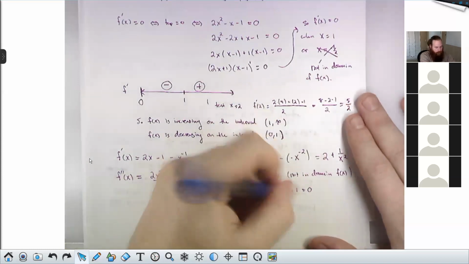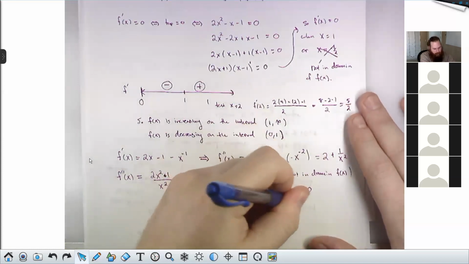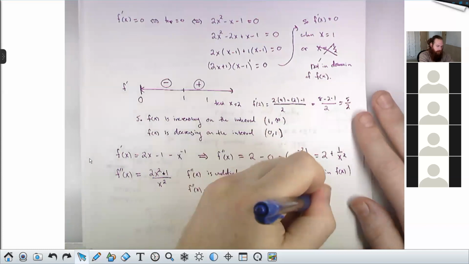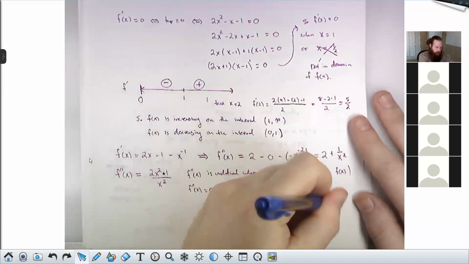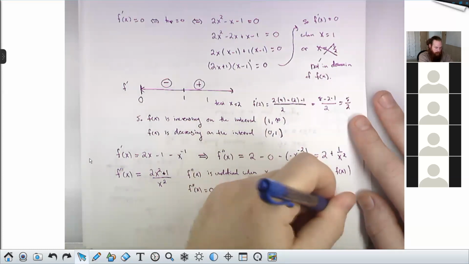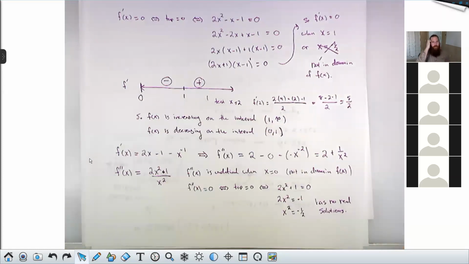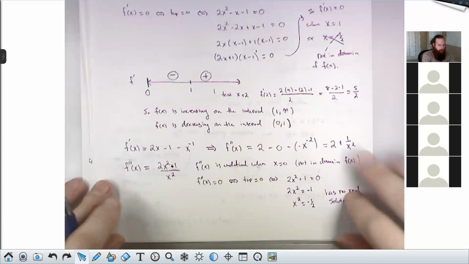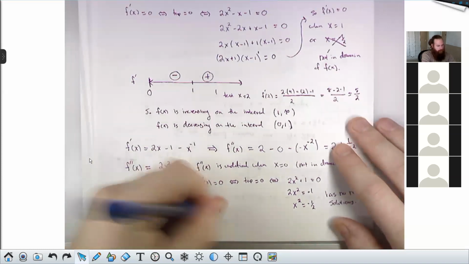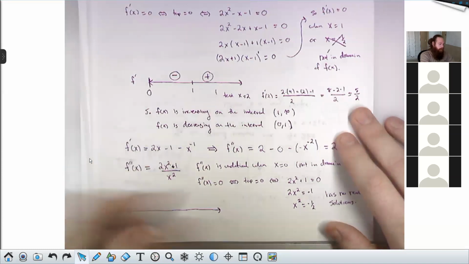So this has no real solutions. You can subtract 1 from both sides, divide both sides by 2, but this has no real solutions. So in other words, the concavity of f never changes. The number line for f double prime has no numbers on it. You can test whatever you want.